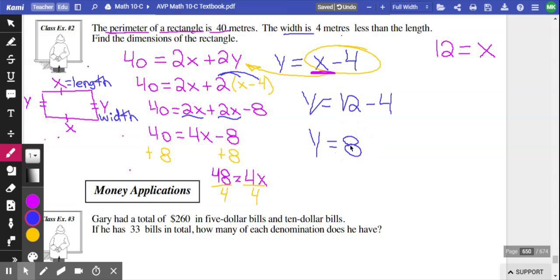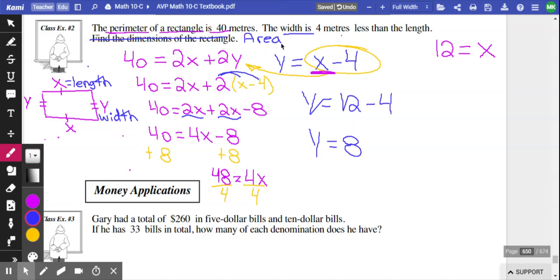The way they can make this a little bit more complex is then they can add something onto it. So instead of saying find the dimensions, they could have said calculate the area. And the only way to calculate the area would be to find the dimensions first, right?